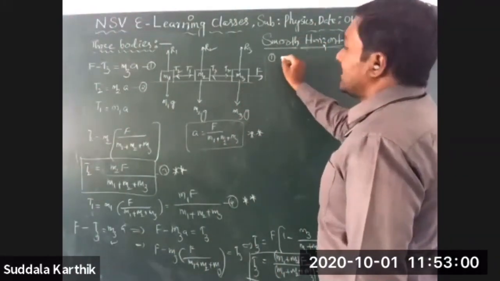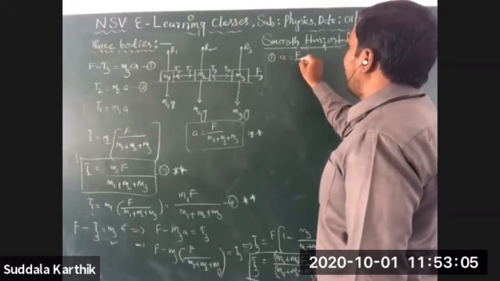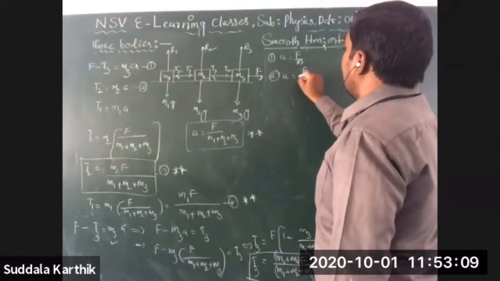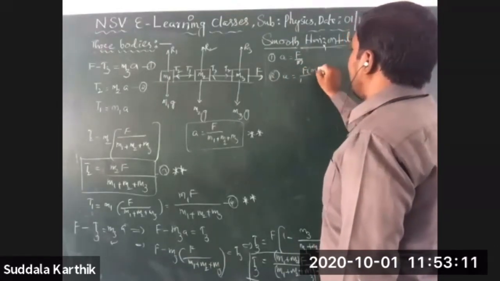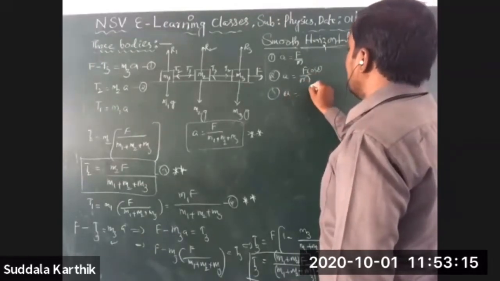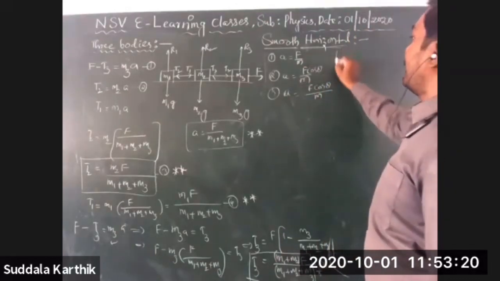First one, what is the formula? Simply A is equal to F by M. Second one, A is equal to F cos theta by M. Third one is also A is equal to F cos theta by M. That is about one body.